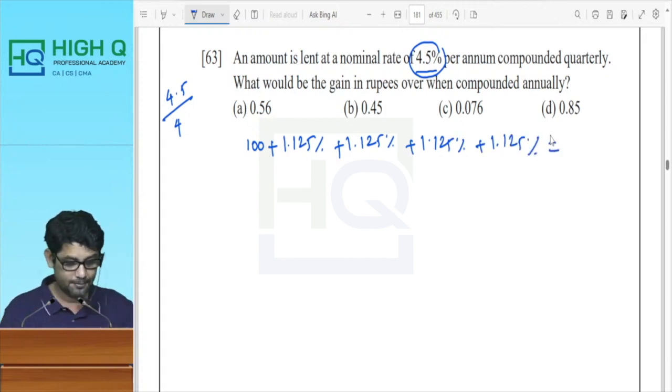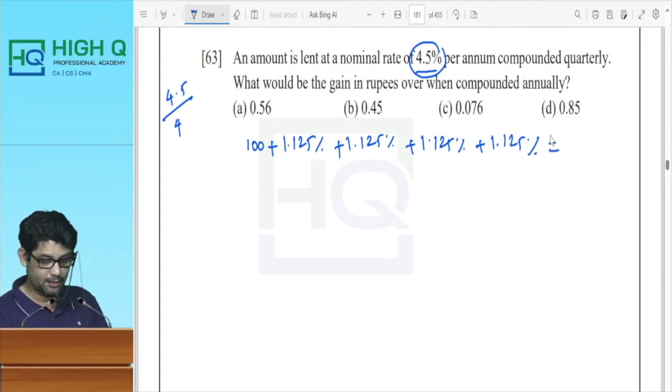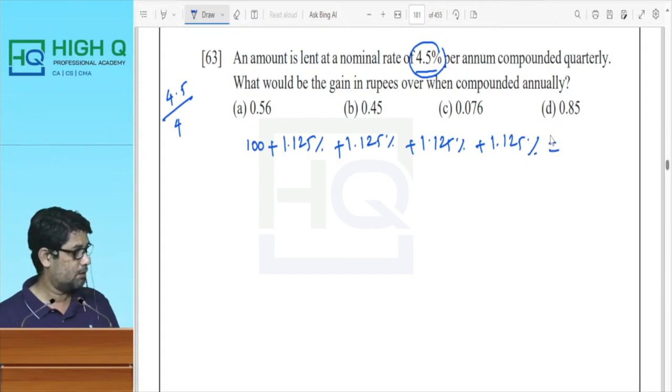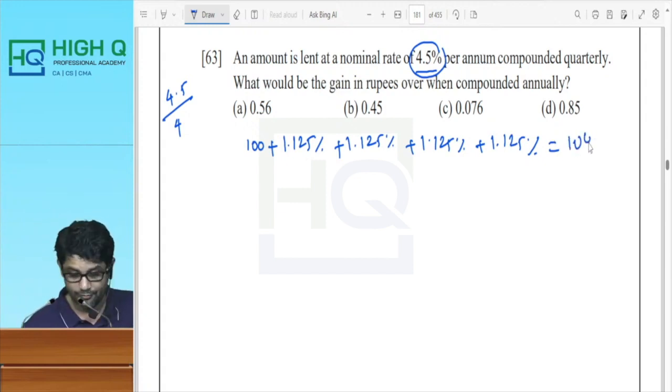Can you tell me what you got? 100 plus 1.125% plus 1.125% plus 1.125% plus 1.125%. What is it? 104. I get 104.576 something. Am I right, my dear?